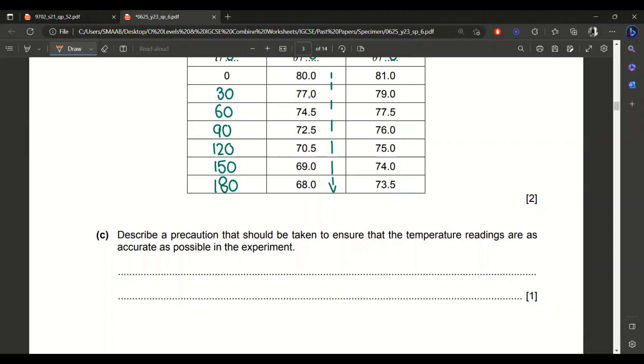So the first precaution we can write as: avoid parallax error while measuring the temperature from the thermometer.